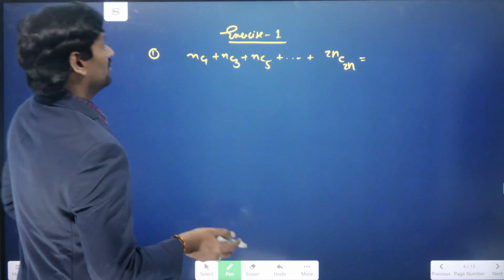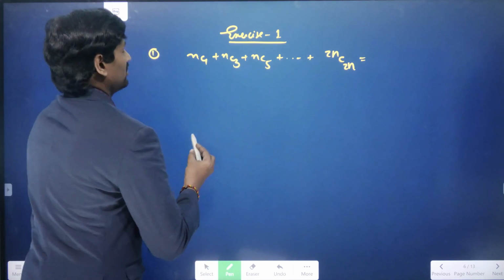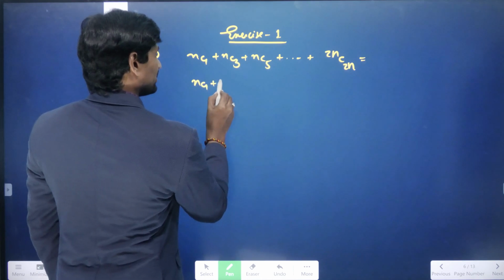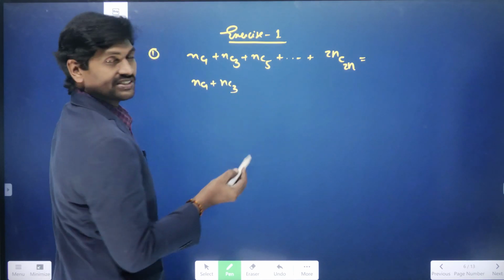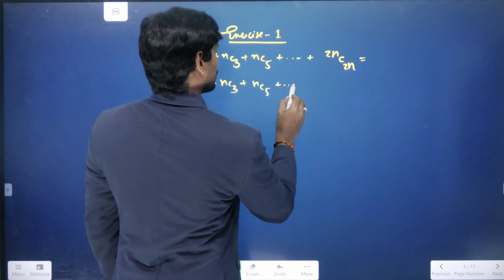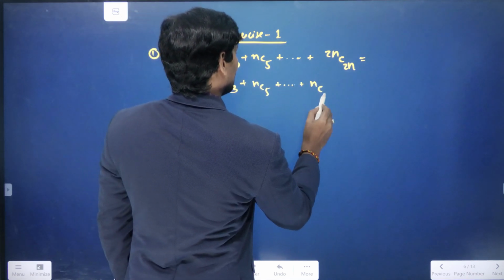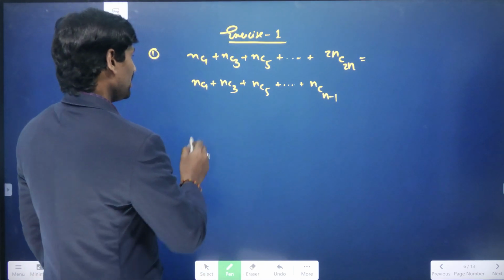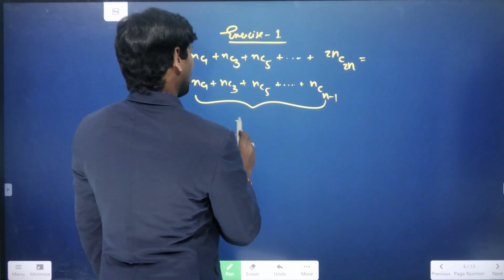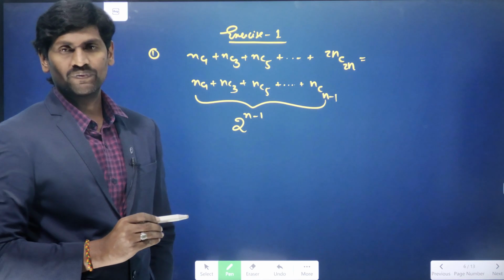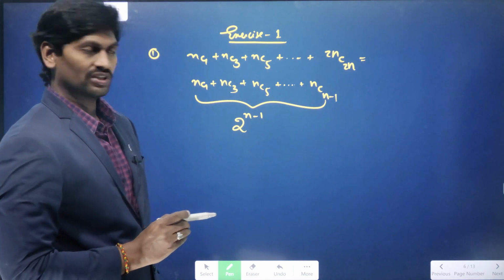Okay, so from this we can write nC1 plus nC3 plus nC5 plus and so on plus nC(n minus 1), the last odd one meaning nC(n minus 1). Until here we have the sum as 2 power n minus 1.